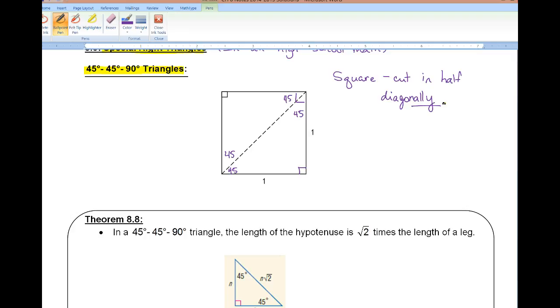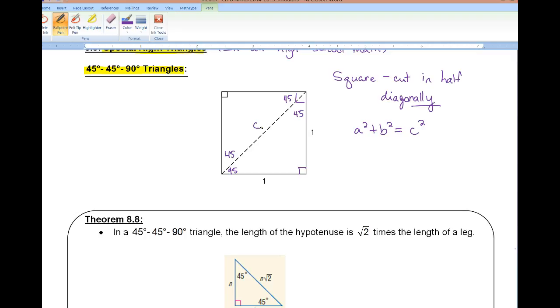Okay, so taking the idea of a square, let's take an example where the sides are both 1. What did we learn in the last class? Pythagorean theorem. So using a squared plus b squared equals c squared, go ahead and find the hypotenuse.